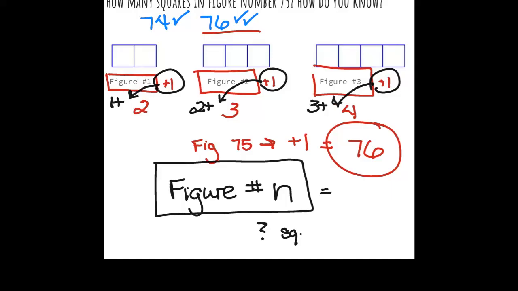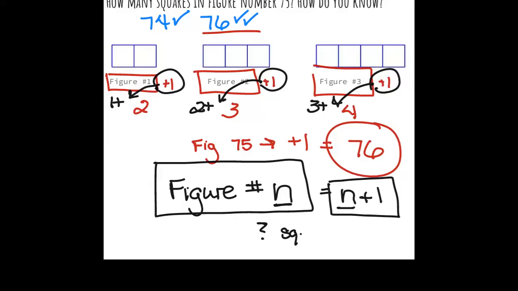So figure n would be, what's the number? What's the value? N, because that is the figure number, n plus 1. It's one more than whatever n is, right?